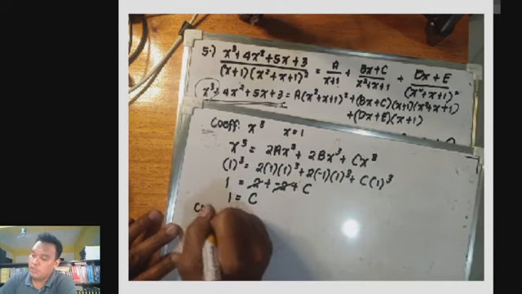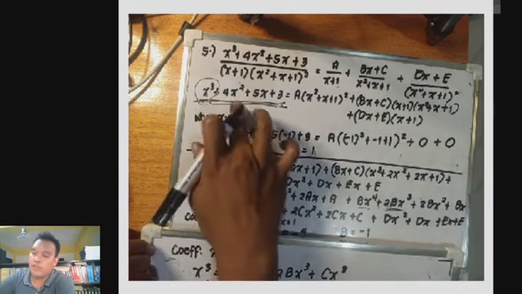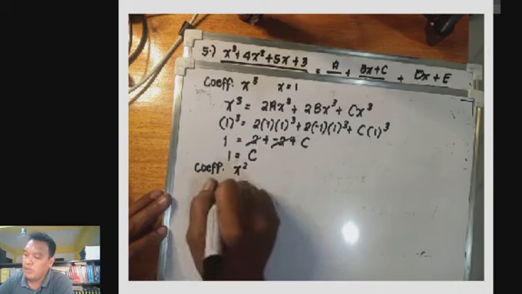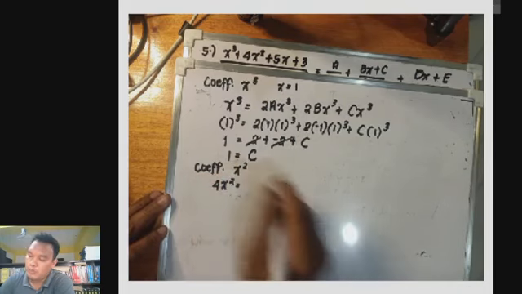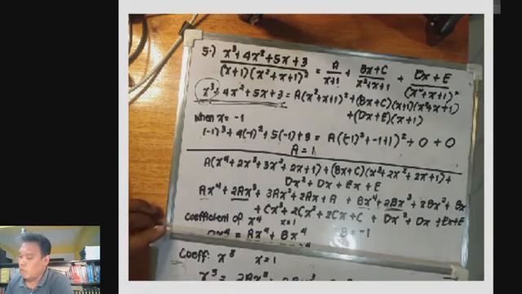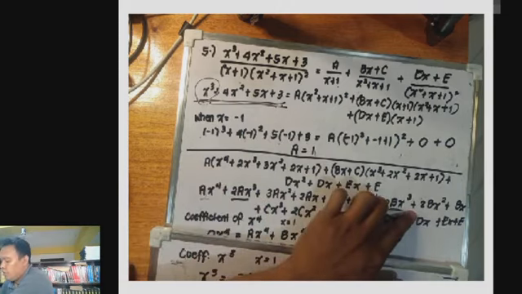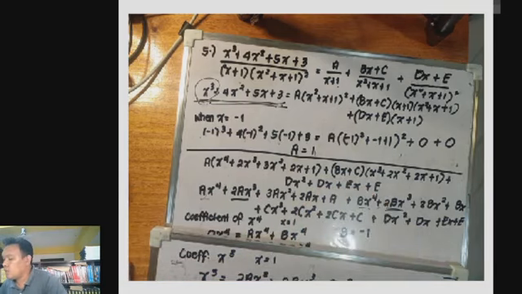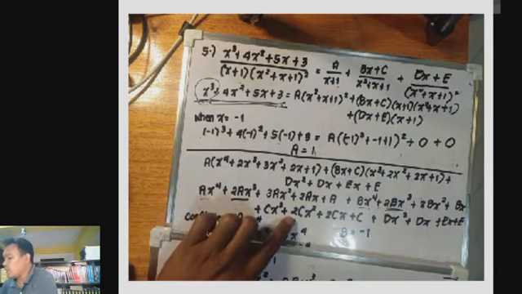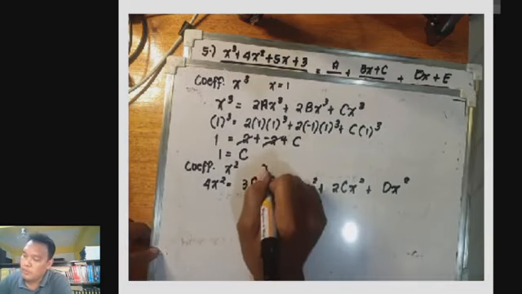Then, let's consider coefficient of x squared. So, yung x squared natin ay yung 4x squared. No? Doon sa equation natin. We have 4x squared is equivalent kay lahat ng may x squared dito. Okay? So, we have 3ax squared plus yung b, which is 2bx squared plus yung c, which is 2cx squared plus yung dx squared. Then, let's assume the value of x is equivalent kay 1 ulit.